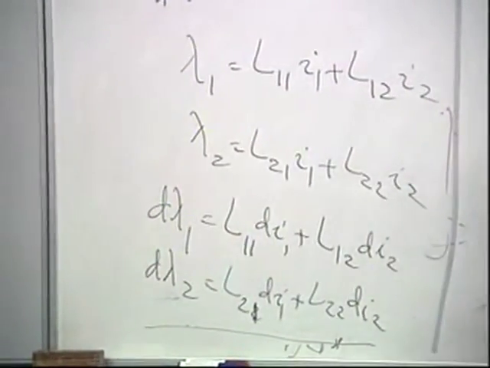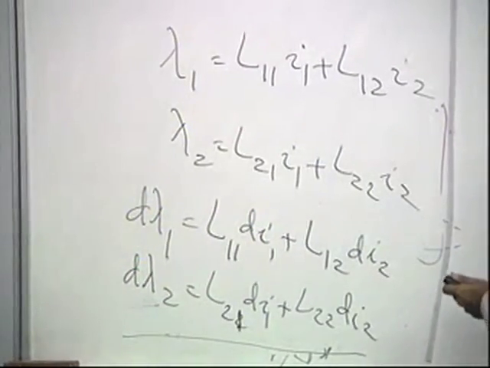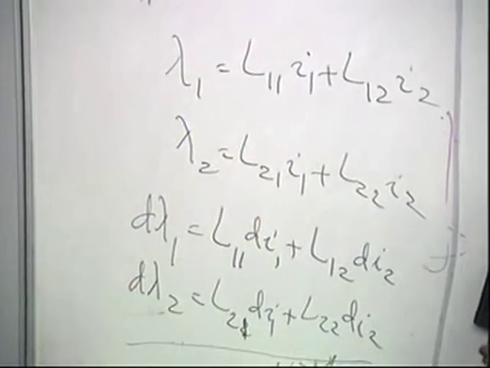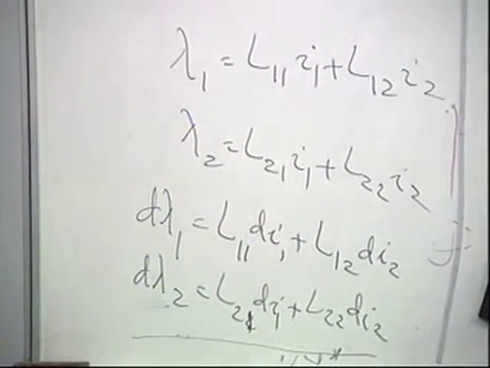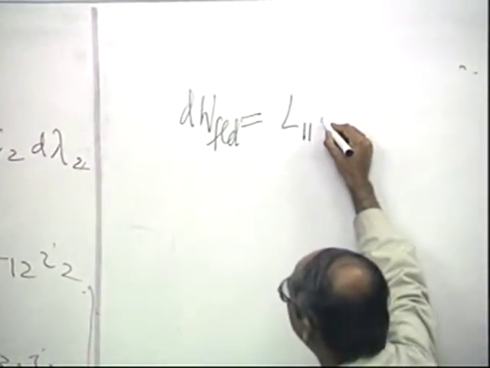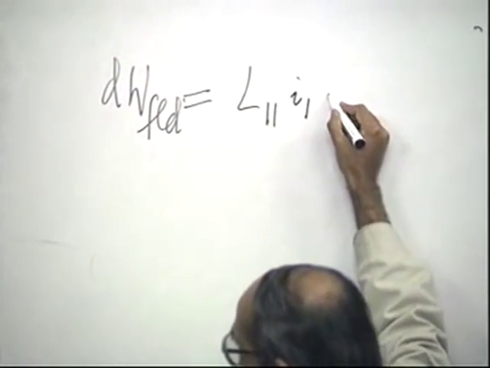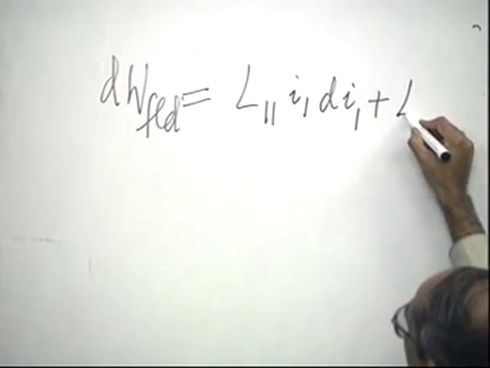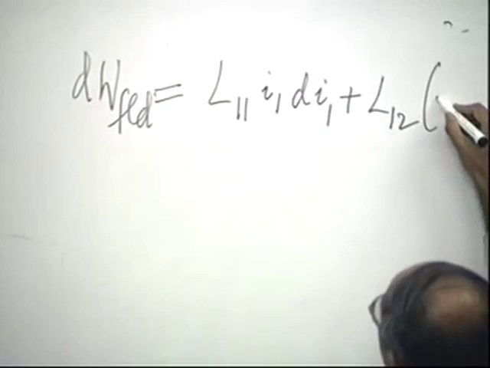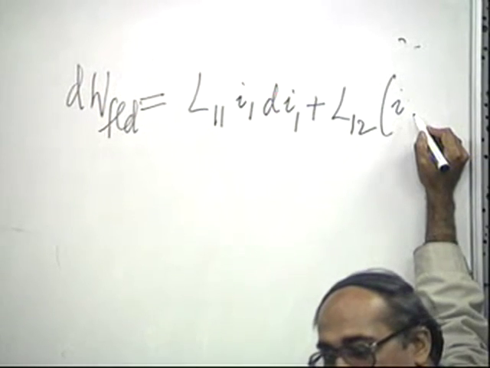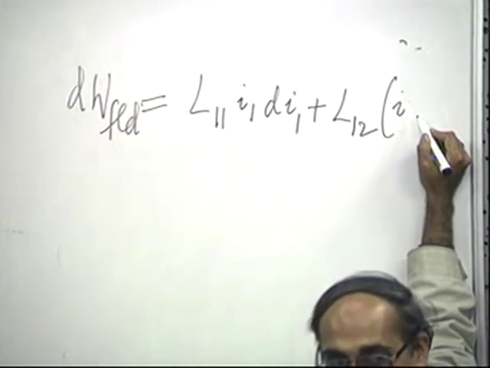Now, please tell me what dW field is in terms of this. Can you substitute and tell me? It will be L11 I1 di1 plus L12 into I1 di2 plus I2 di1, and L12 equals L21.